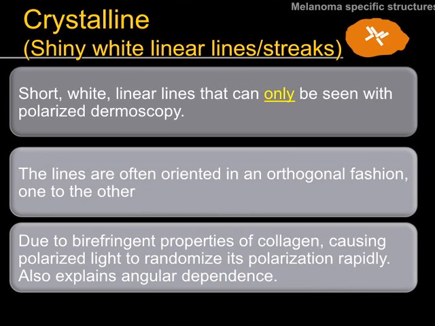And two, it becomes very bright with polarized light because collagen is birefringent, and when polarized light hits the collagen, it just goes all over the place, right? It changes its angle of polarization tremendously. And so everything is coming back right off the collagen back to you, so it appears as bright white.